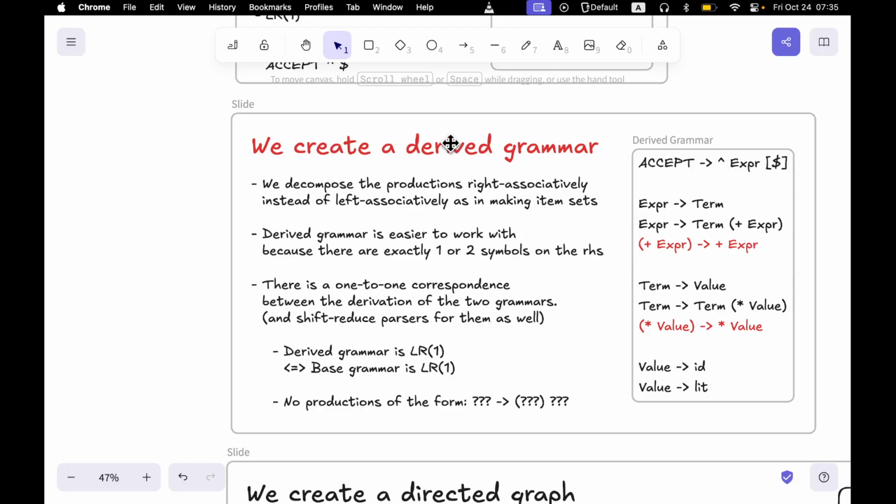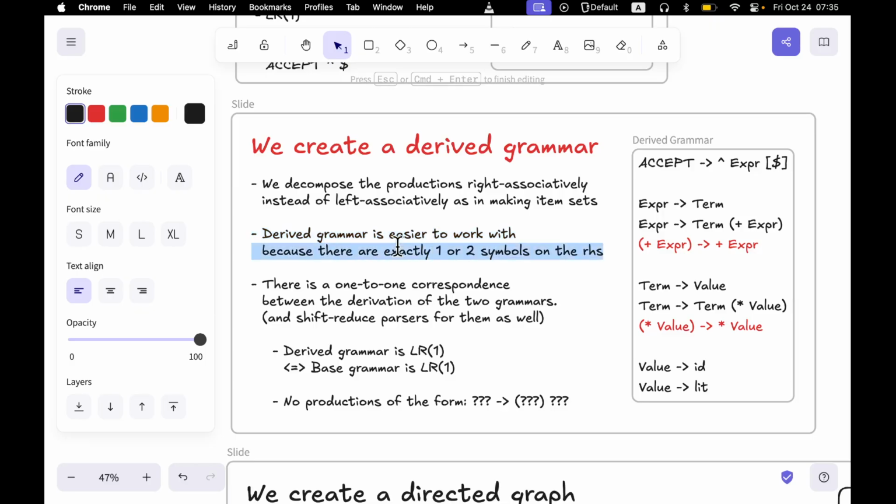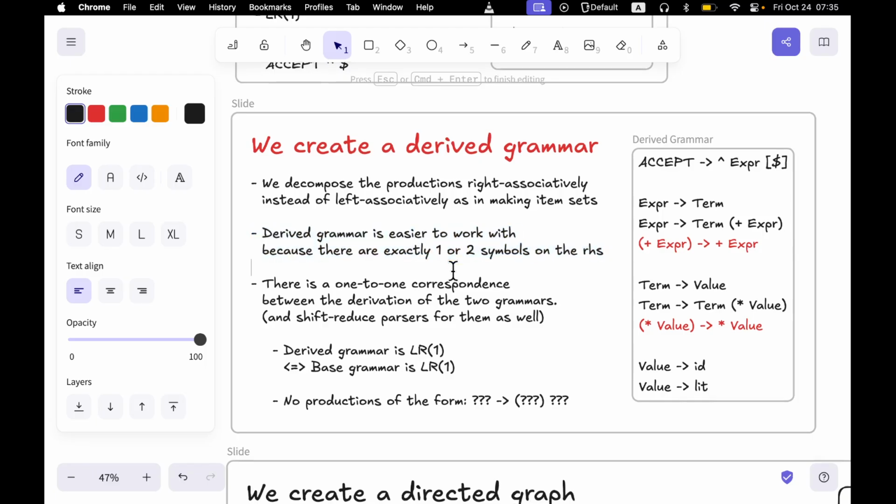And we produce a derived grammar because it's easier to work with, because there are exactly 1 or 2 symbols on the right-hand side of the production rules, and this makes it easier to write code for parsing the rules. Yeah, I do think the cases turn out to be more regular and there are fewer cases to think about.